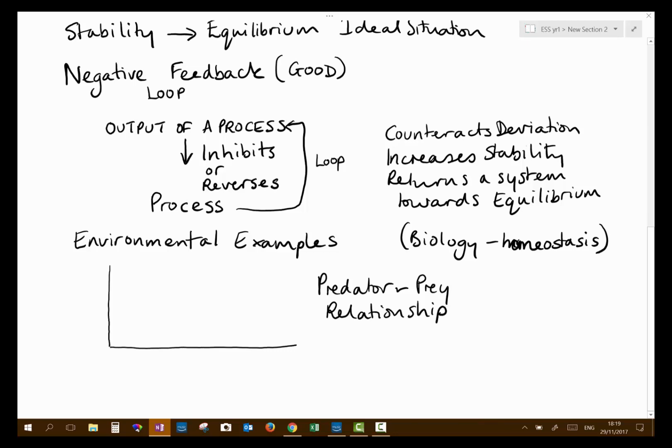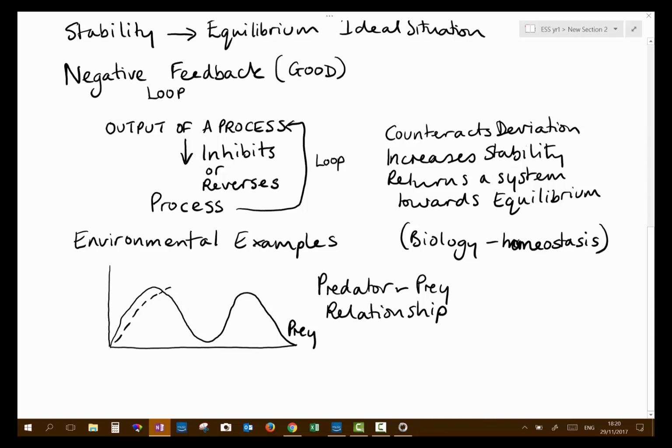Okay, and so we can talk about the numbers of, let's say that this is the prey. This line indicates the prey. Now, what's happened is that the prey numbers are increasing, okay, because there's more food available. So what happens alongside that is that the predator numbers increase.